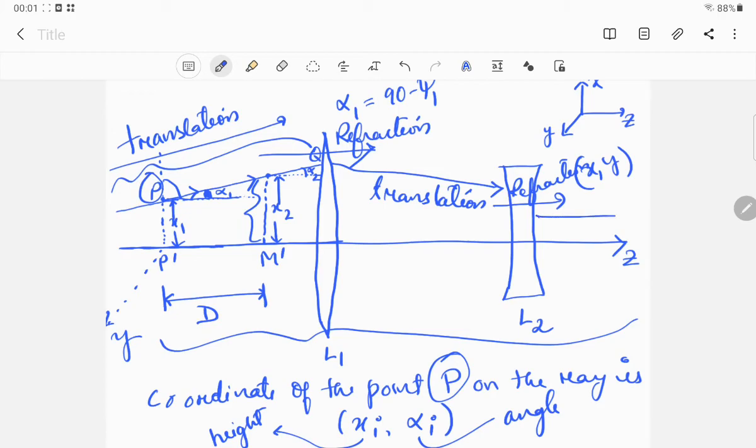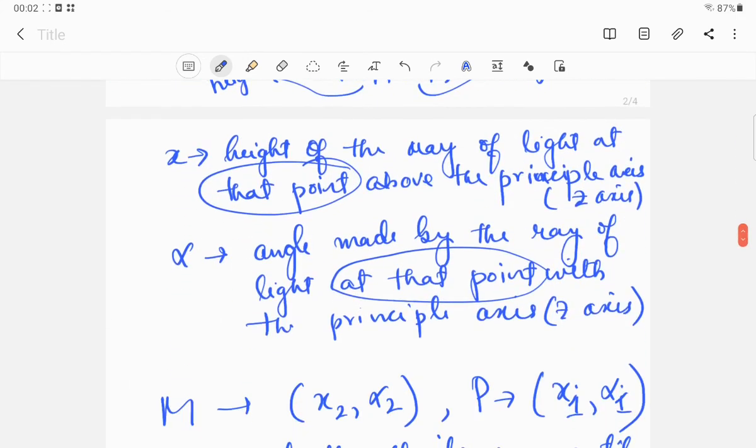Finally, to reach the image, it passes through translation. Understood? So the ray of light goes through basically two types of changes, translation and refraction. It can occur a number of times, depending upon how the lenses are kept in the optical system, but in an optical system you can't have only a single refraction or single translation; it will always be a combination of both.